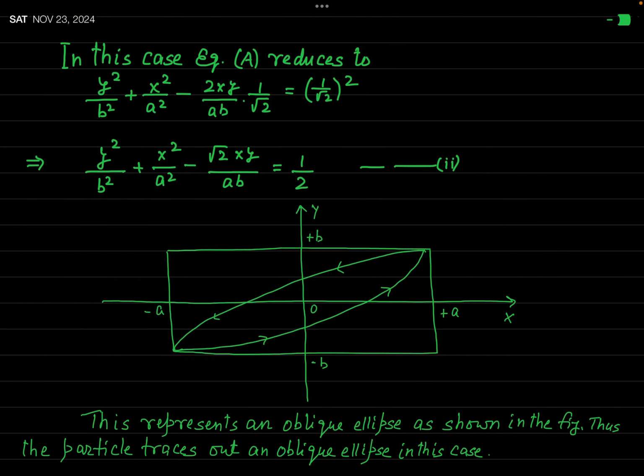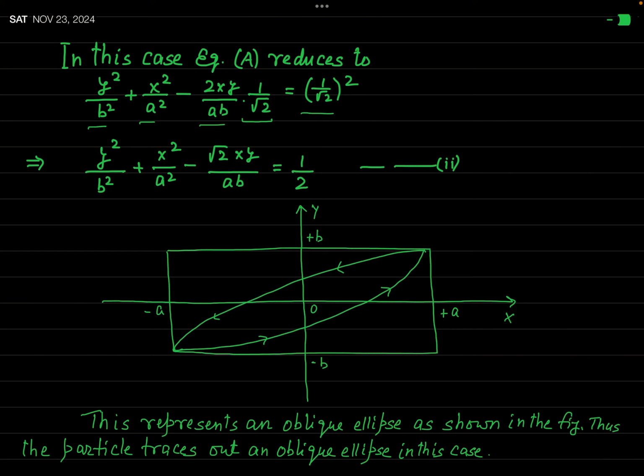And after that we will get y square over b square plus x square over a square minus 2xy over ab times cos phi, but now cos phi is written as 1 over root 2, and equal to sin square phi, but sin phi is also 1 over root 2. So this is a square of 1 over root 2.